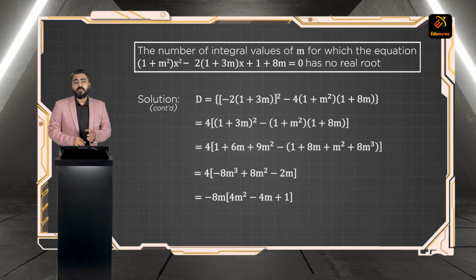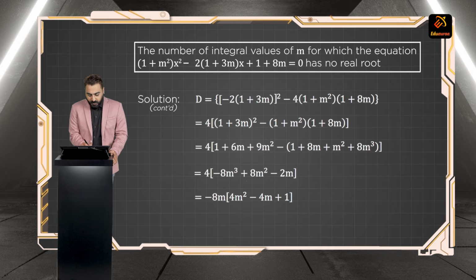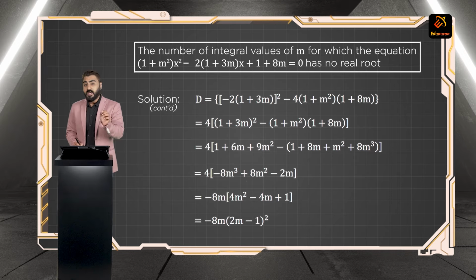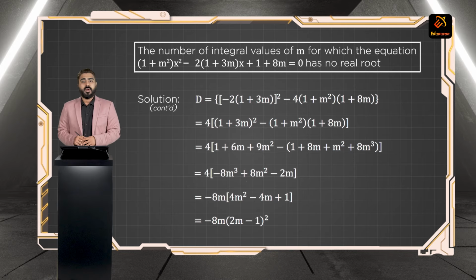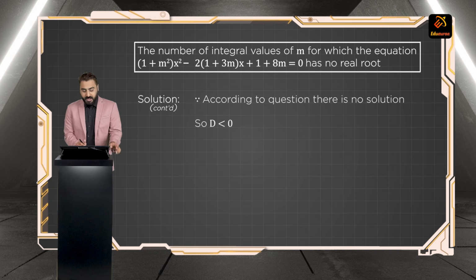Now students, if you see properly, 4m² - 4m + 1 is in perfect square form. So we get the next step as -8m(2m - 1)². Now students, according to the question, there is no real solution of this quadratic equation. That means D is less than 0.